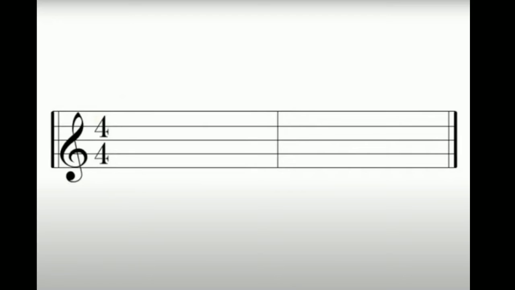Da da da da da da. 1, 2, 3. 1, 2, 3. Raise your hand if you know. Allison, what style of music would that be? Waltz. Very good. It's a waltz. 1, 2, 3. 1, 2, 3. Well done. Okay.